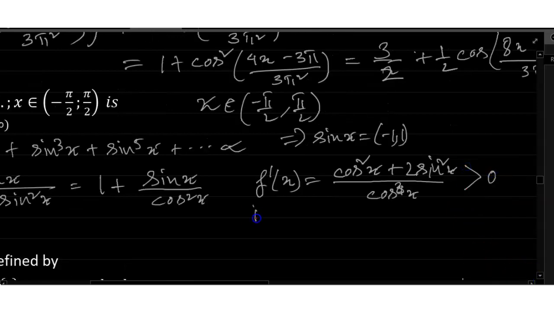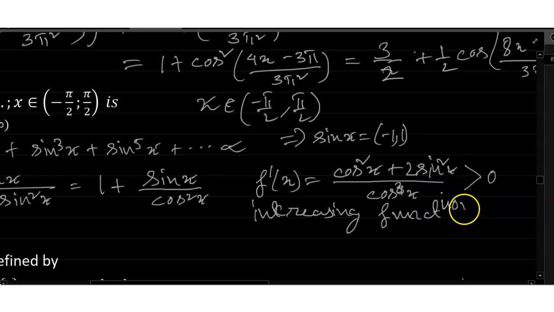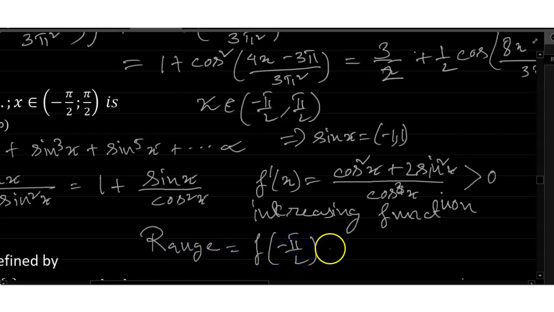So it is an increasing function. This increasing function's range is f of minus pi by 2 comma f.